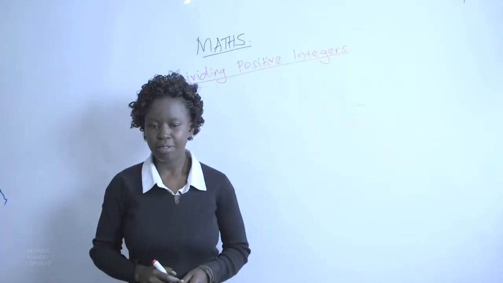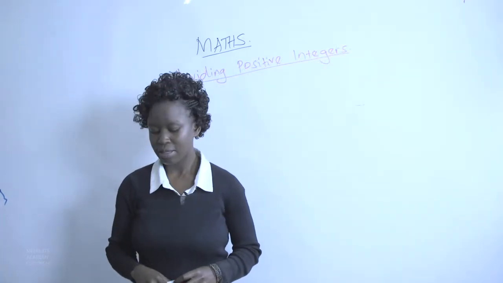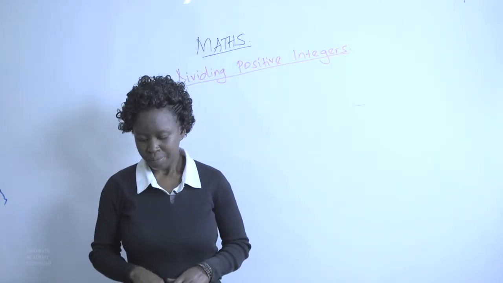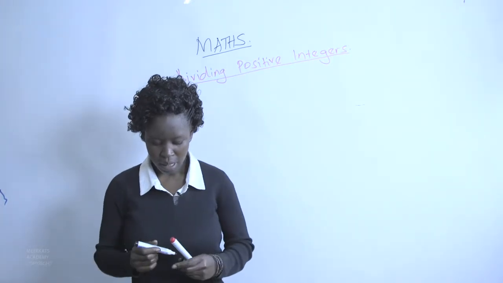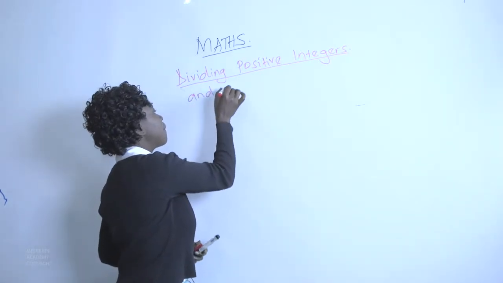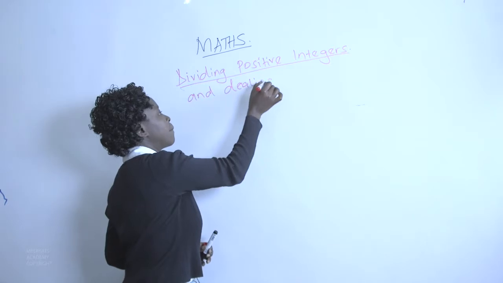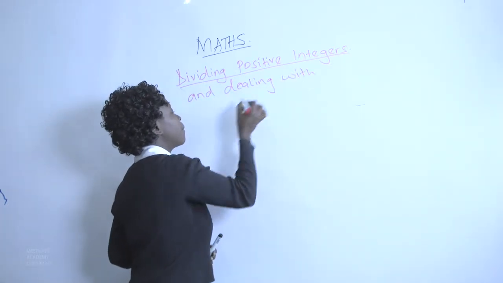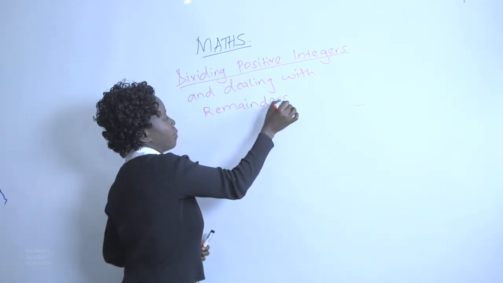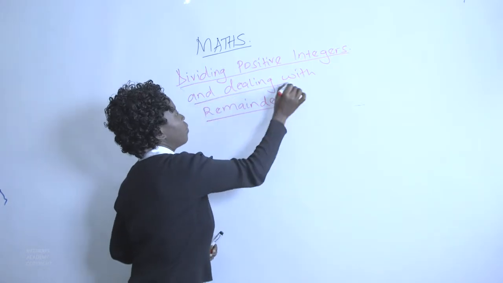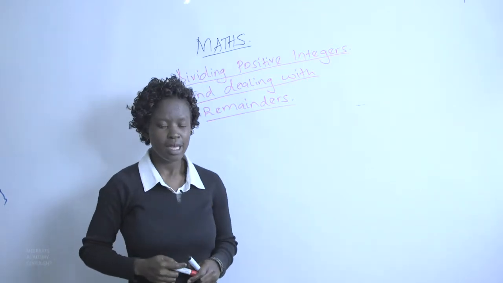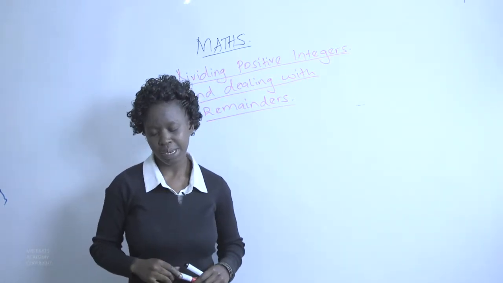So the next thing that we need to look at is dividing positive integers and dealing with the remainders.